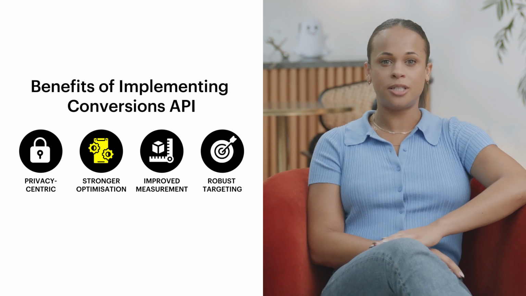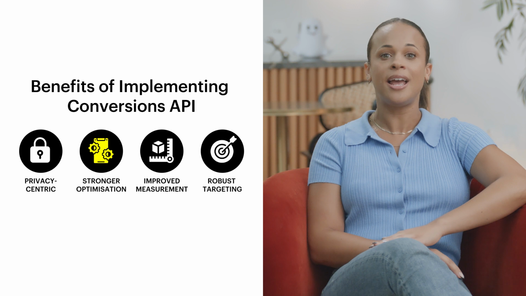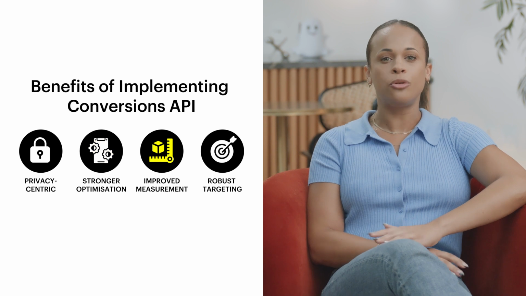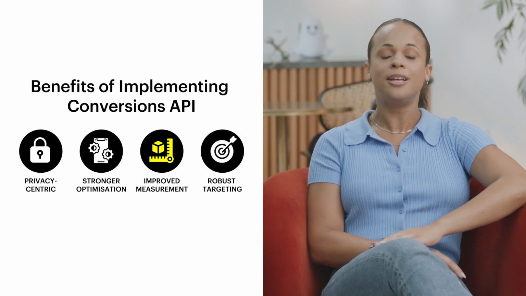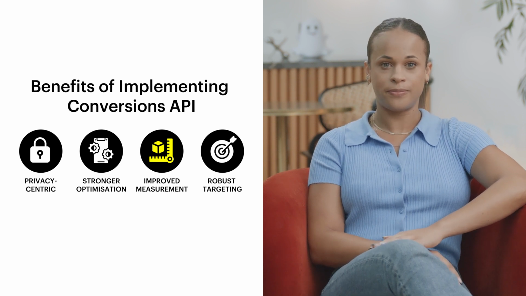The data Snapchat receives from the Conversions API will help better inform your campaign optimization and delivery, ultimately driving more efficient cost per action. Third, improve your measurement. It helps you better understand the results your campaigns are driving across channels through a single solution. Conversions API even allows you to unlock more sophisticated forms of incrementality measurement, such as conversion lift.